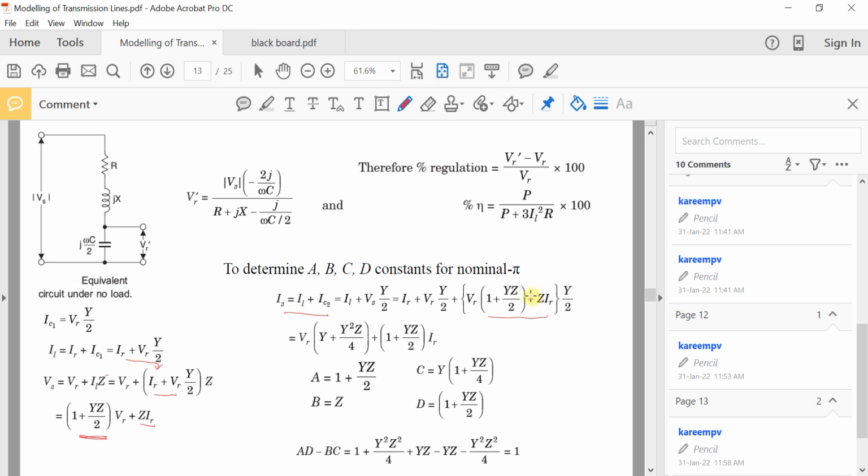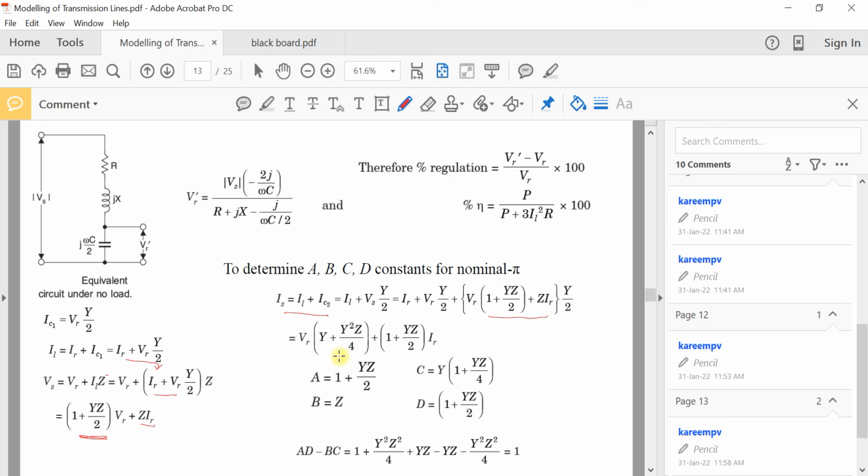Now we have to rearrange this. For the coefficient of VR, here we have Y by 2, and if you multiply this term you also get VR into Y by 2, so we get VR into Y. Another term is VR into YZ by 2, which is again multiplied with this, so it will be Y square Z by 4.